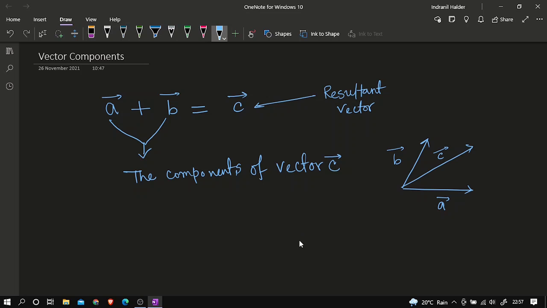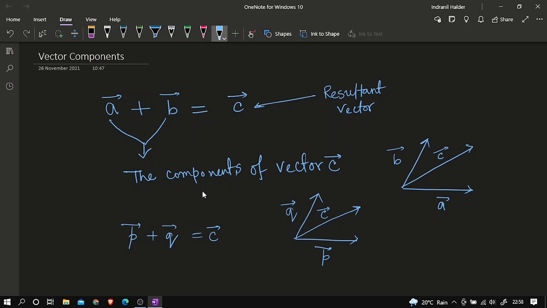Suppose we have another vector P and another vector Q. Okay, and here also P vector plus Q vector equals C vector. Here is the C vector. So again, we can see that this A and B vector are the components of the C vector, as well as this P and Q vectors are the components of the C vector as well.